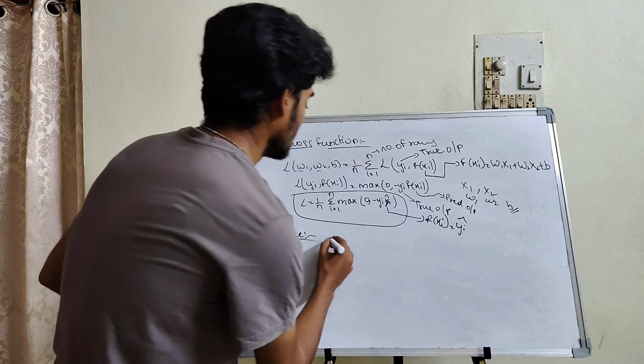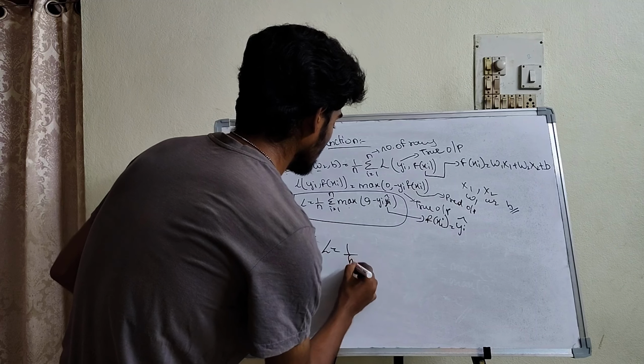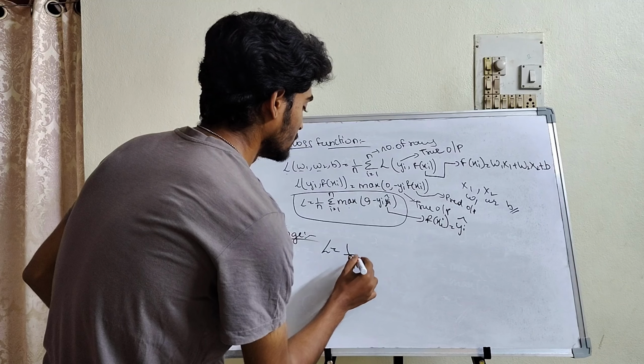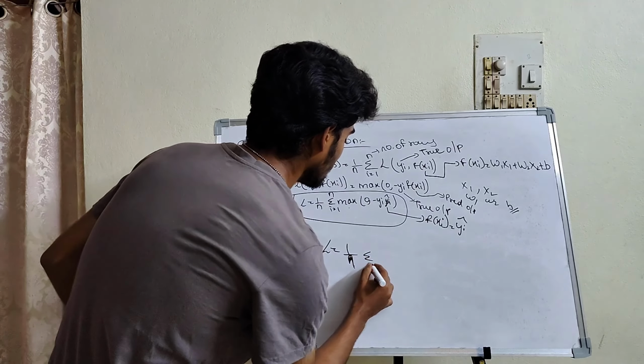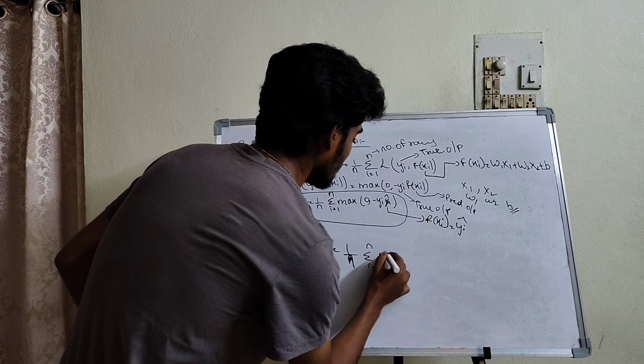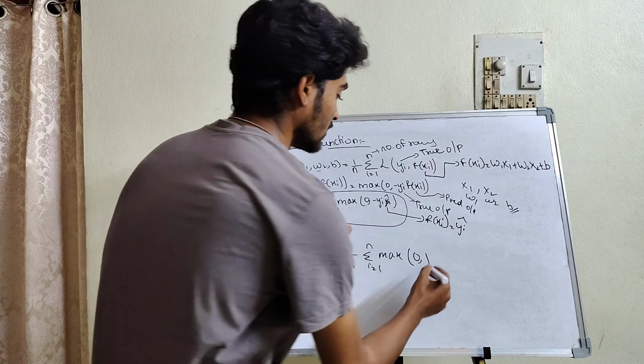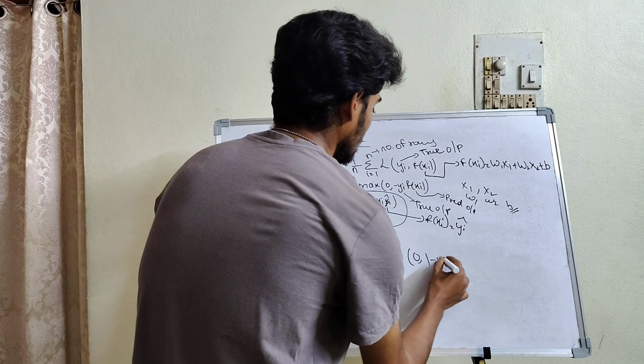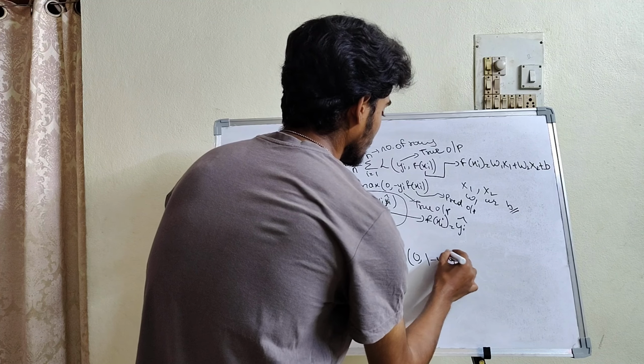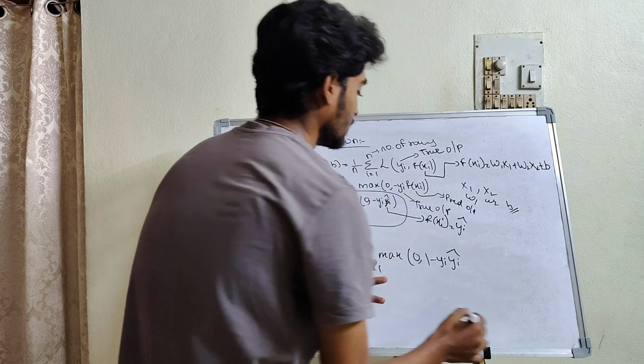Hinge loss function L is equal to 1 by n summation, looks similar, i is equal to 1 to n max of, just you add an extra term, that is 1, before this minus. So it is max of 0 comma 1 minus y into y hat. This is your hinge loss. Now let's substitute the similar values in this hinge loss function.